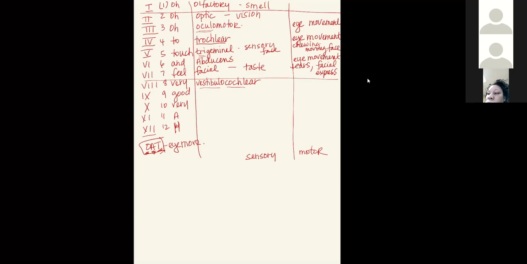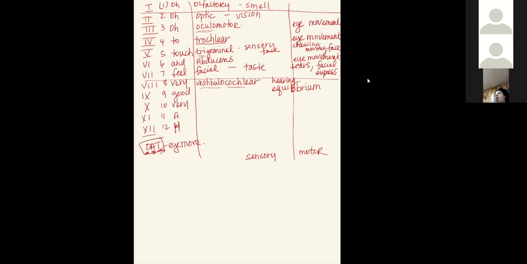So it has to do with hearing and equilibrium, whether you can balance or not. Like if things are spinning, like if somebody has vertigo, sometimes it's caused by something going wrong with this nerve. Are you still with me?